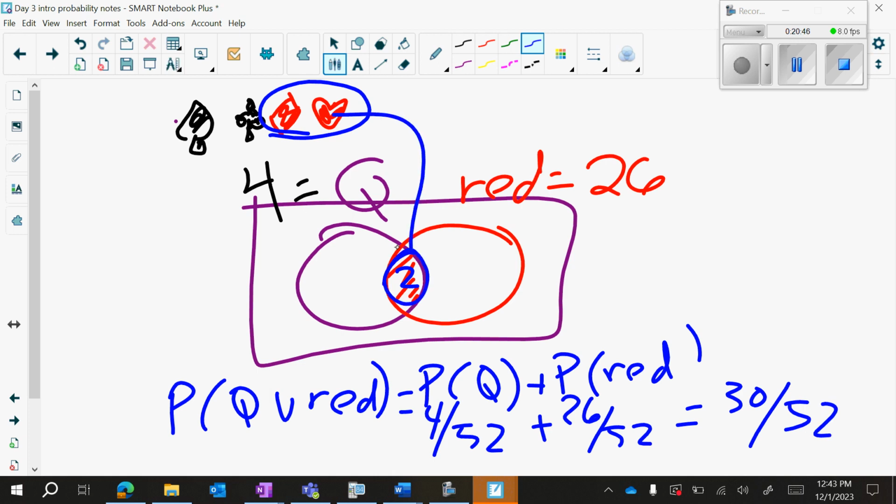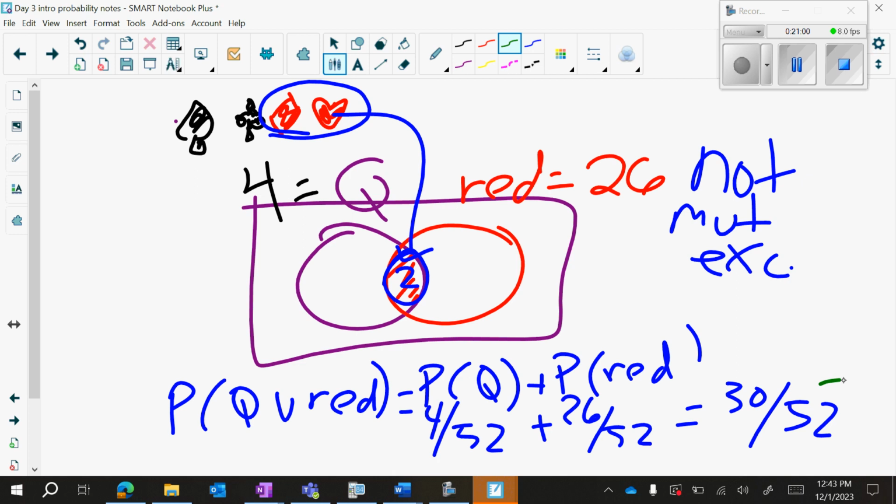The 2 that are in the intersection, I'm counting them twice. So we can't just add because the events are not mutually exclusive. Since they share an outcome, what we're going to have to do is subtract the 2 that are in the overlap. And you end up getting 28 out of 52.